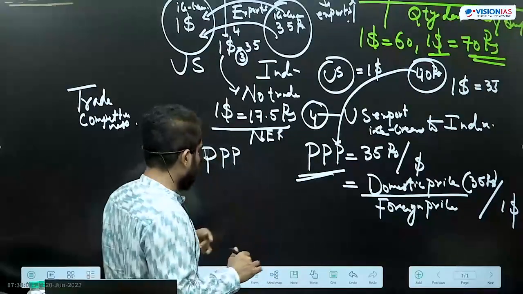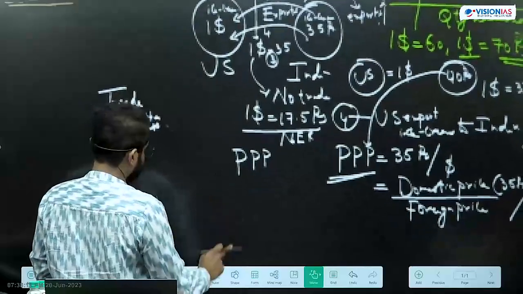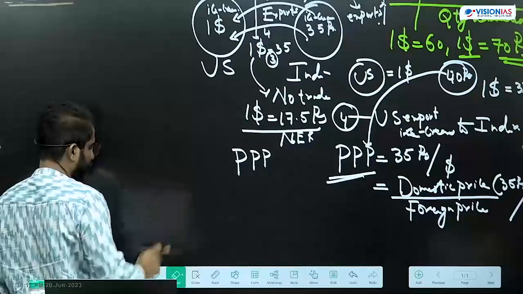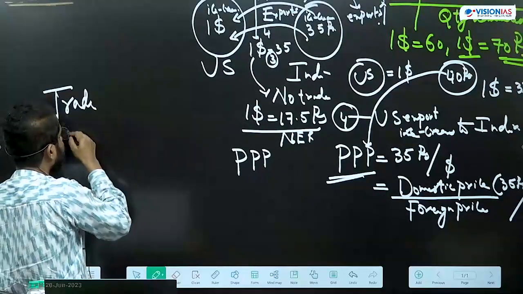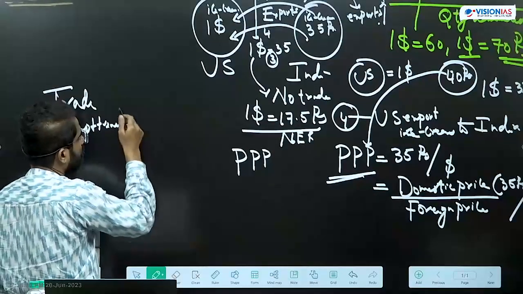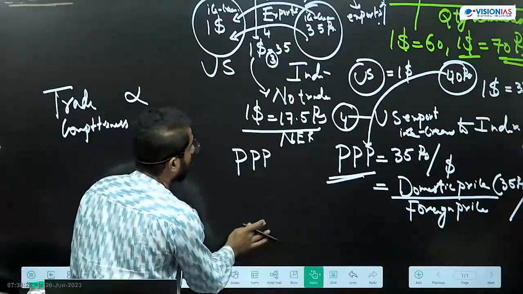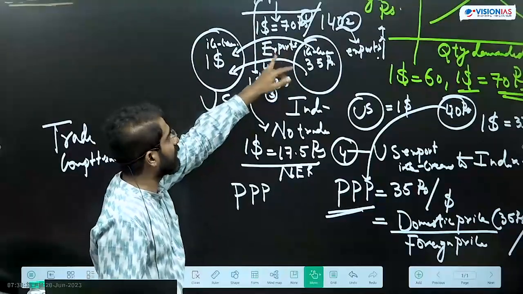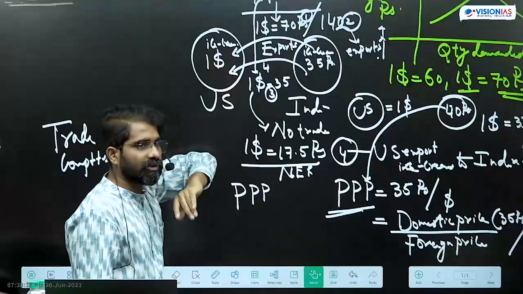So now, when I have to talk about trade competitiveness, I am talking about the trade competitiveness of India. So I'm interested in estimating how competitive India is. Now this trade competitiveness of India, in this example, is it directly proportional to the nominal exchange rate or inversely proportional?